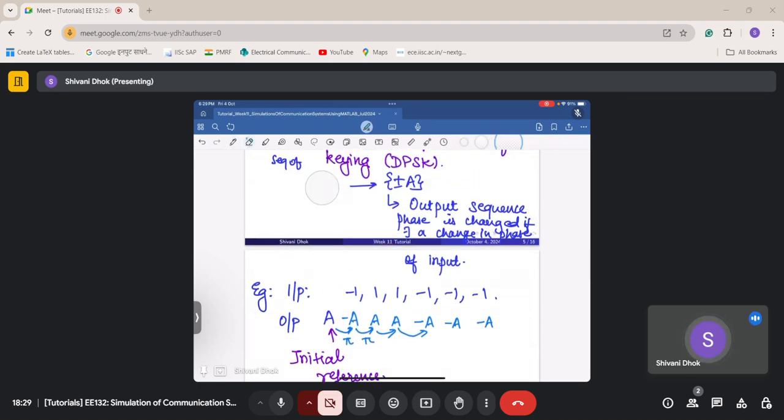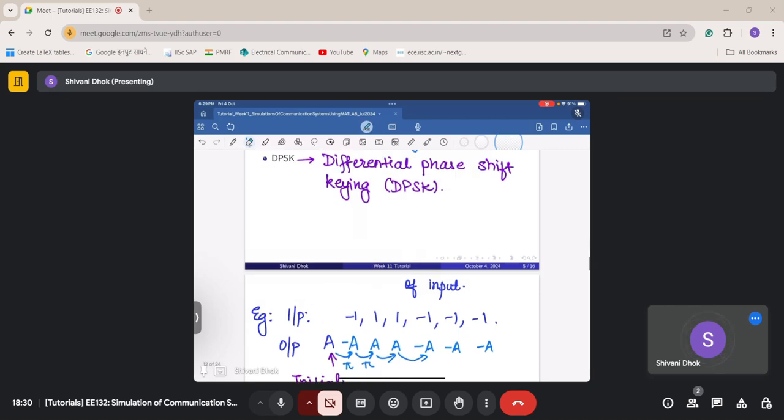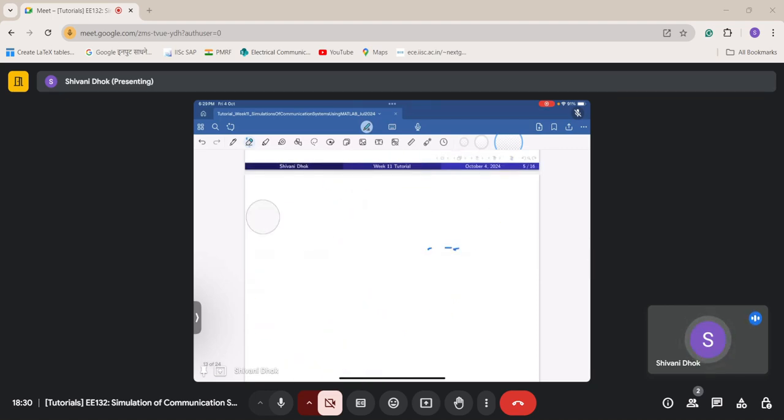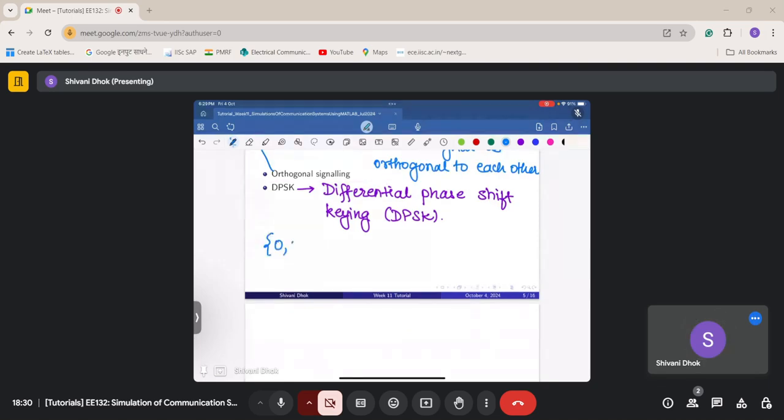I have a small mistake here. Yeah, I made a mistake while discussing this DPSK. I'm sorry. So you will have 0, 1 coming here in the input. This is DPSK, and this will give you plus minus a.